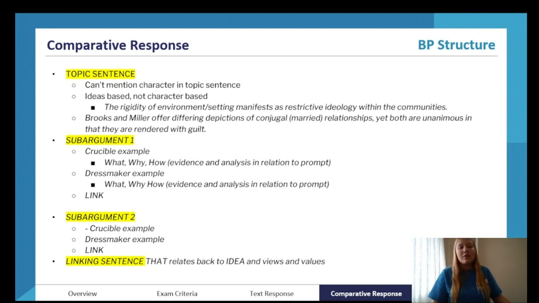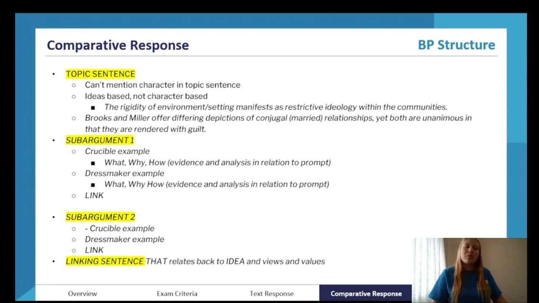And then we go into our sub-arguments. So we use The Crucible as an example, doing our what, how, why, evidence and analysis for a few pieces of evidence. When we're finished with The Crucible, we're going to move into The Dressmaker and do the same thing. Few pieces of evidence and analysis, a couple is sufficient. Like 2 pieces of evidence is absolutely sufficient.